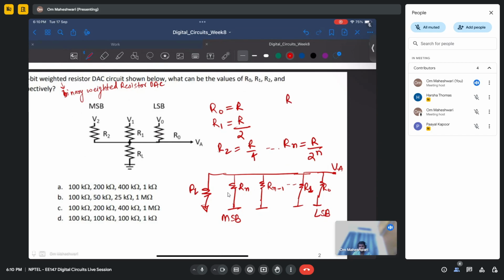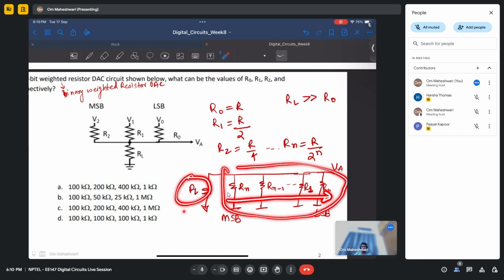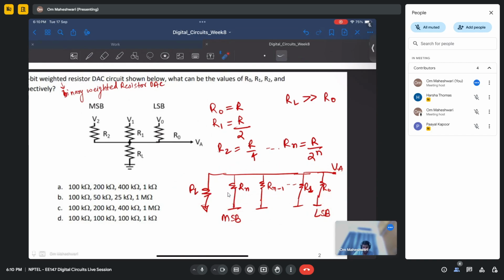And typically RL is much greater than R0. So with these concepts in mind, where the resistors are in this decreasing order and RL is much greater than all of these, we can answer this question.